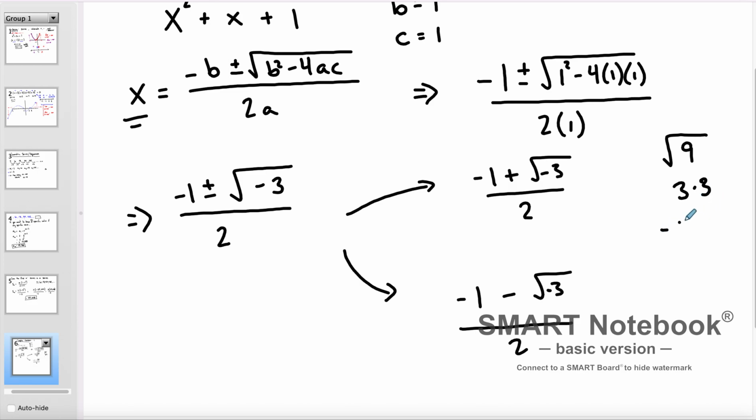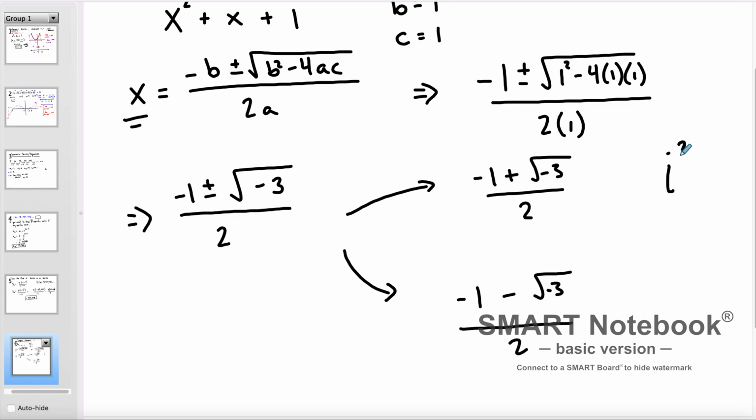Even negative 3 times negative 3 would work, because negative 3 times negative 3 is positive 9. So what number times itself is going to equal negative 3 or any negative number? Well, it's not possible, right? It's not possible.